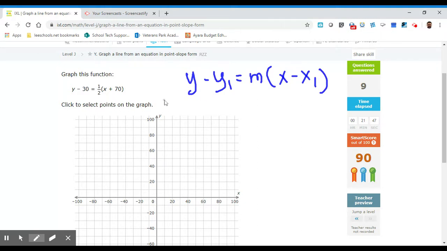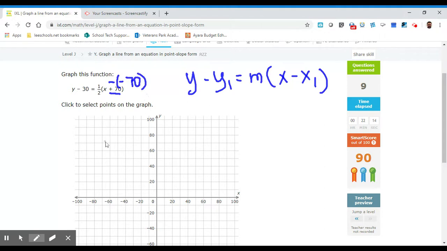Okay, so we have step number 1. Let's look at our equation that they're giving us. And let's see if we can figure out, do we need to change any of the negative or any of the plus to negative? Well, this is subtraction, this is negative, and this is positive. So we need to change this so that it will be negative 70.